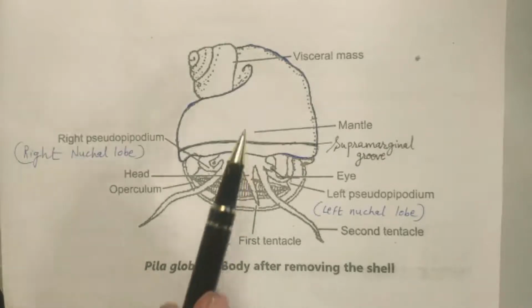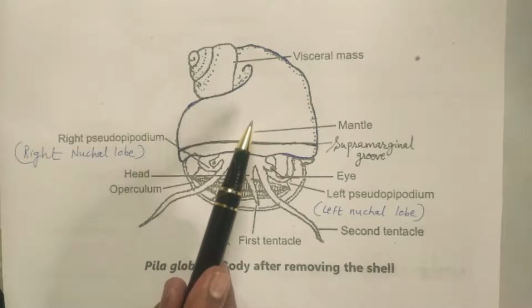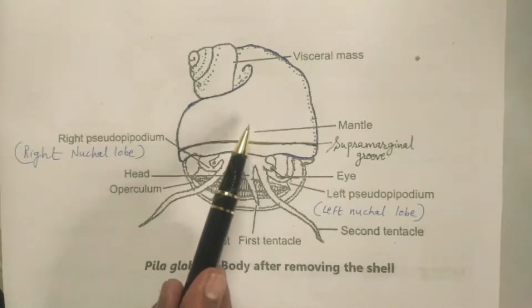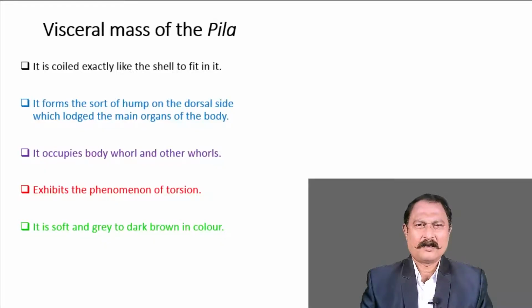Okay, this visceral mass occupies the body hole and other holes also. This visceral mass in mollusca exhibits a peculiar phenomenon of torsion. Torsion means what actually? Its larva is simple.